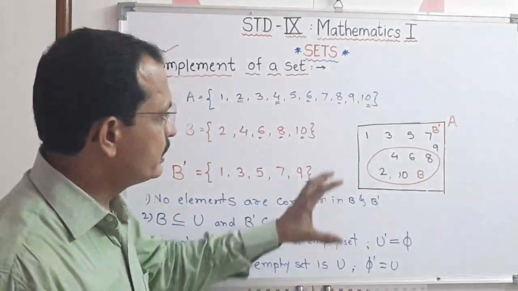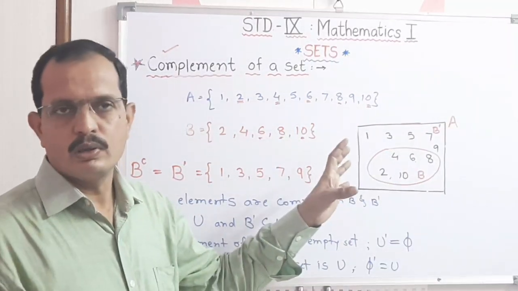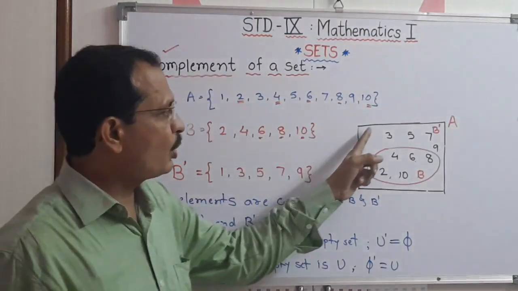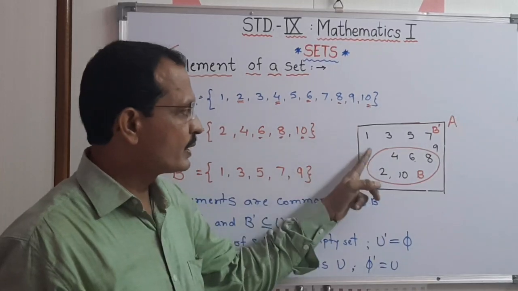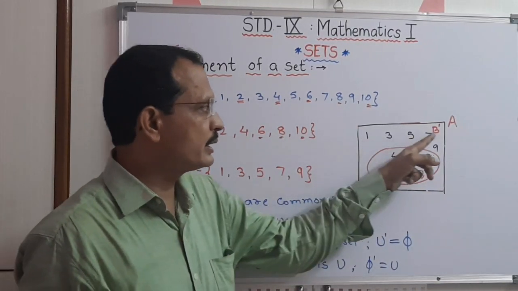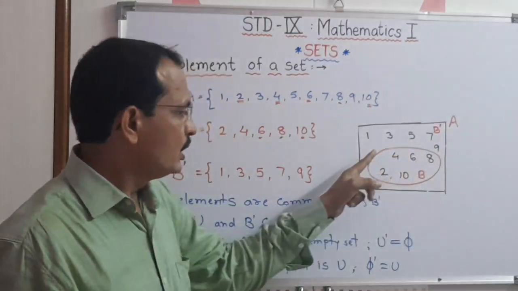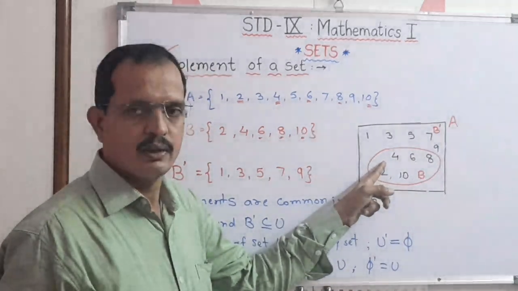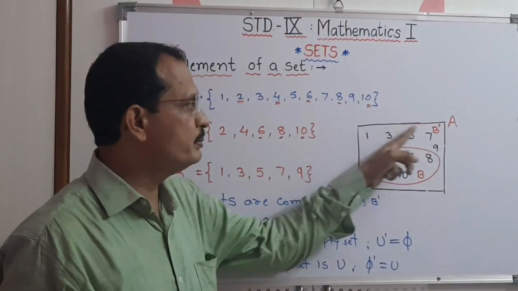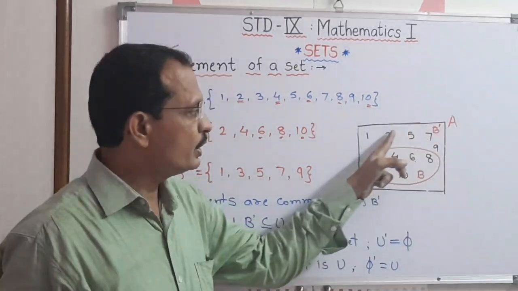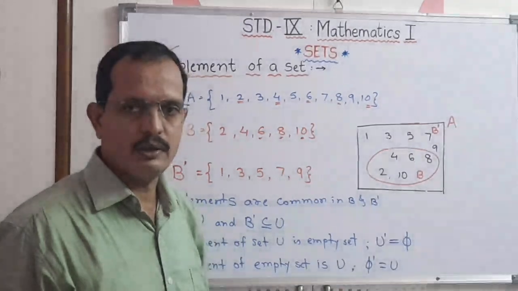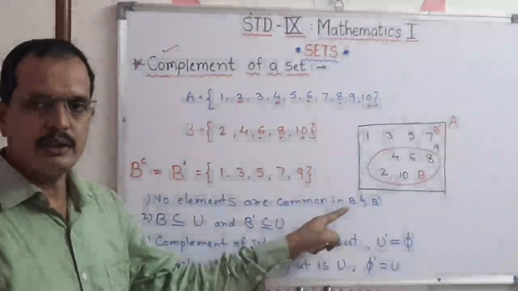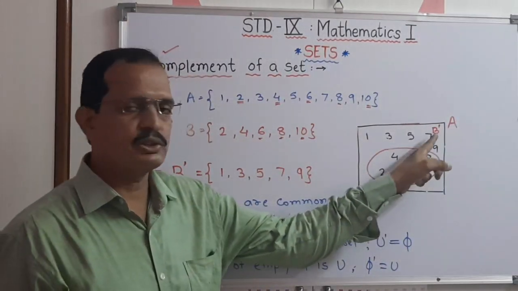By observing this example, we have to learn some properties about the complement of a set. If we observe this universal set, set B and set B dash, there is no common element in these two sets. If we observe, there is no common element in both the sets, therefore we say that no elements are common in B and B dash.